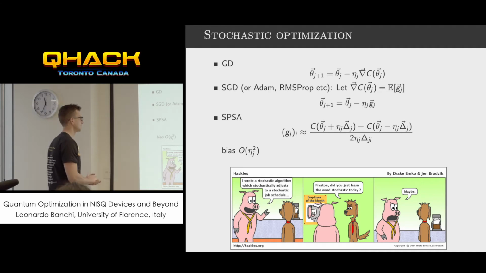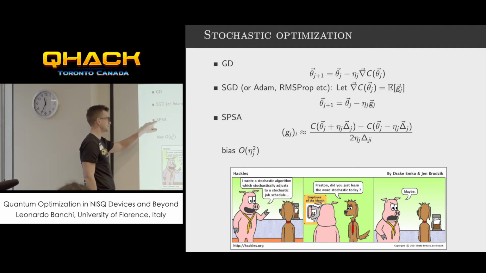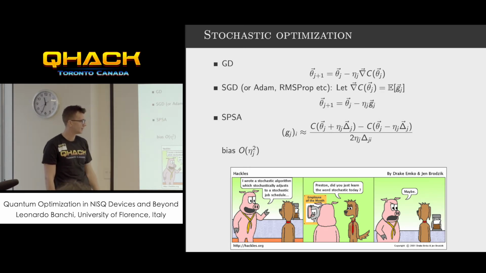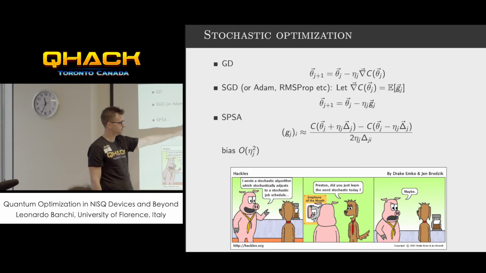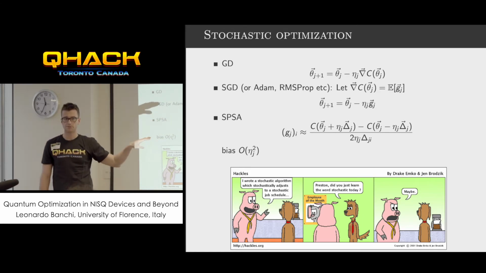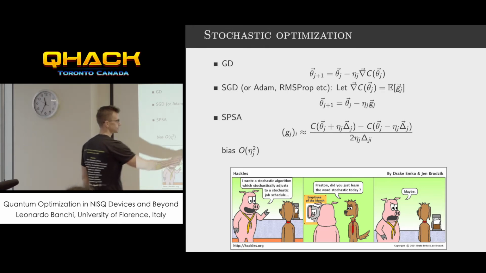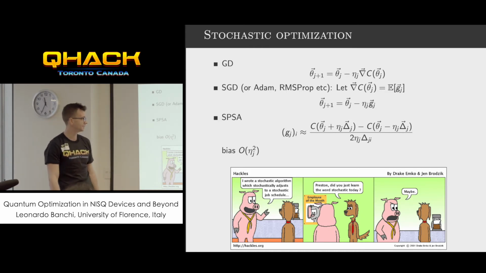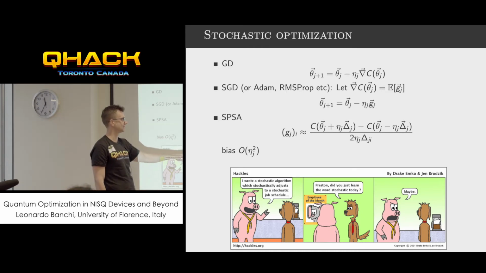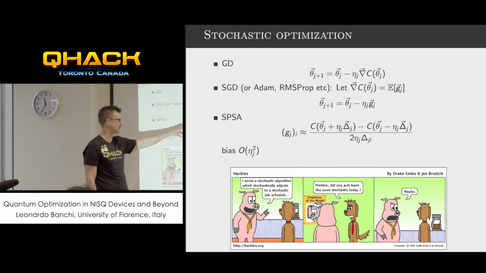Now, there are also other algorithms, like the SPSA, the simultaneous perturbation stochastic approximation, where somehow it looks a bit like a finite difference approximation, but is a bit more difficult than that. So basically, these quantities here, these deltas, are random variables. And if you carefully tune these random variables, then basically you get a biased estimator of the gradient.